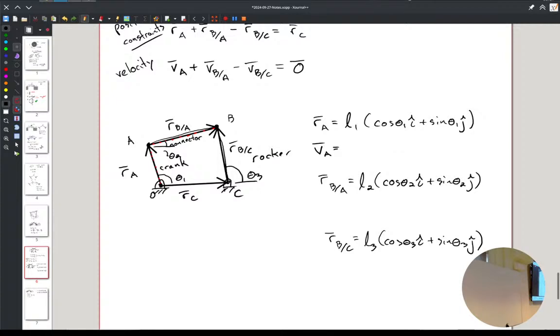It's got to be a derivative, right? Some kind of the change in A per time. But what does that look like in terms of theta and L1, and then sines and cosines? So theta, L1, sines, cosines. What does that velocity look like?